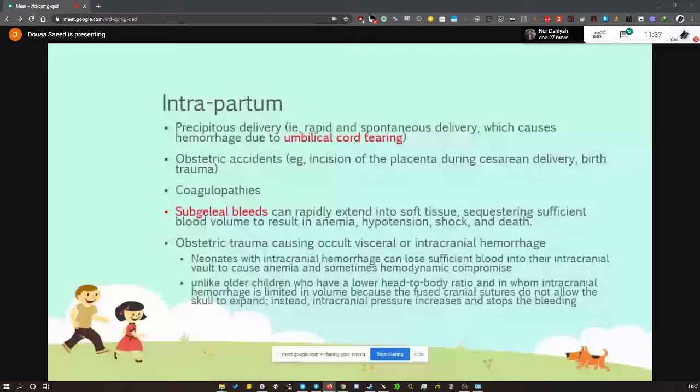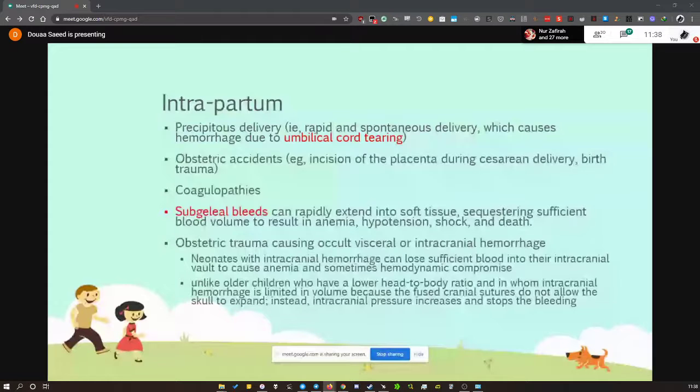So with obstetric trauma, because these are newborns, we have to think of the subgaleal bleeds, because sutures are not fused yet. So there can actually be a large volume that is hiding under there.